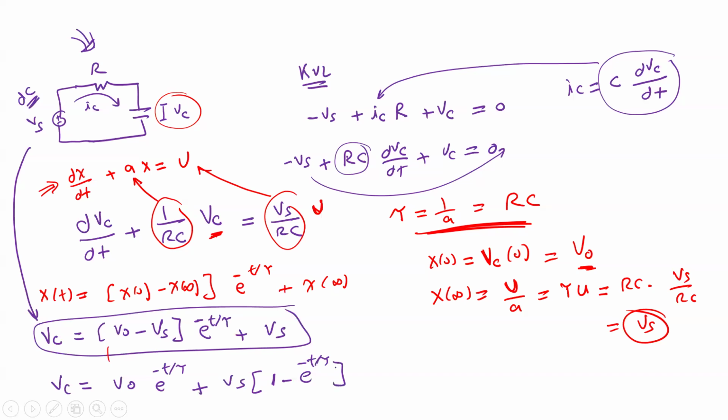I didn't do anything, I just took these two terms together and this one alone. It's the same solution, but I wrote it this way because it tells me something different. This part is the impact of the initial voltage across the capacitor, and this part is the impact of Vs, the battery.